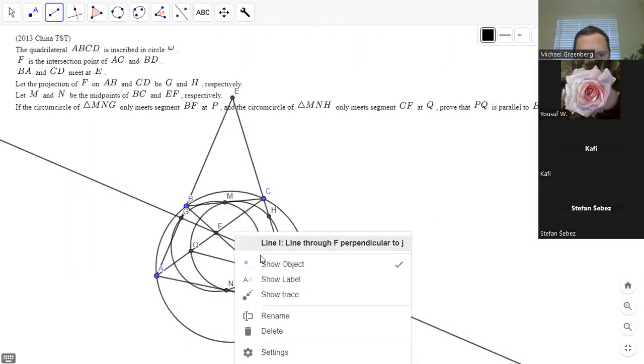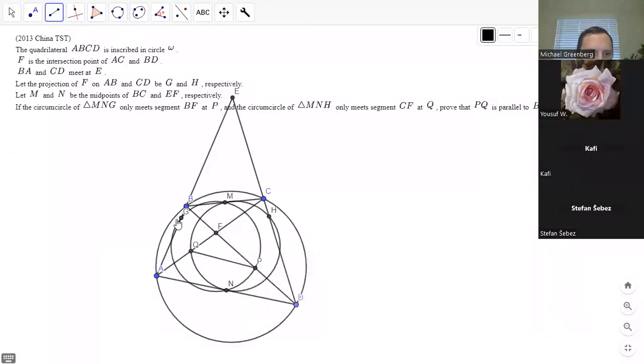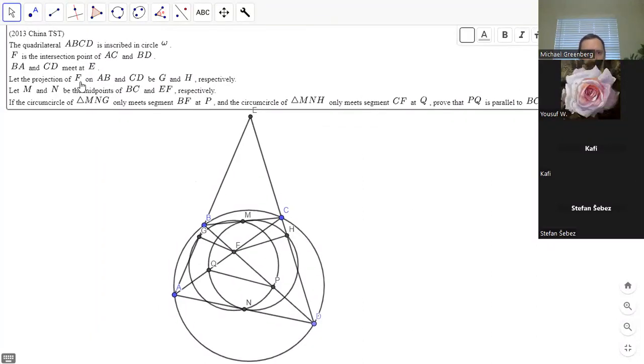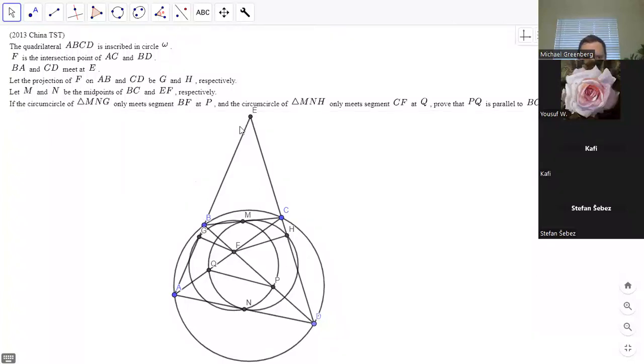Looks nice. Does it actually look parallel?